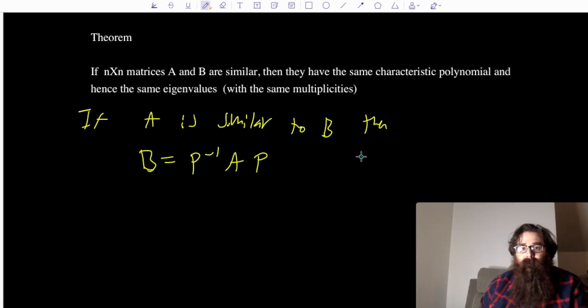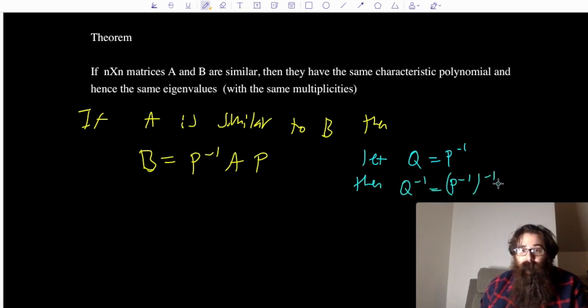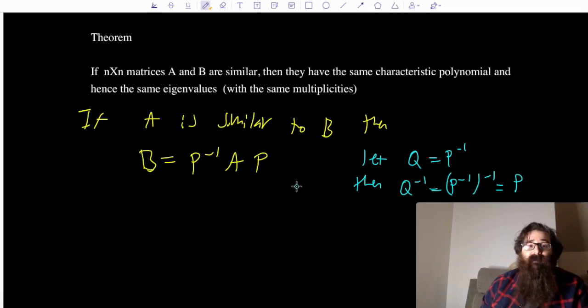I'm going to say, let's let Q be equal to P inverse. P is an invertible matrix, so P inverse exists. Instead of calling it P inverse, let's call that matrix Q. And then it follows that Q inverse is P inverse inverse, which is just P. So Q is P inverse and Q inverse is P. I'm going to make these substitutions.